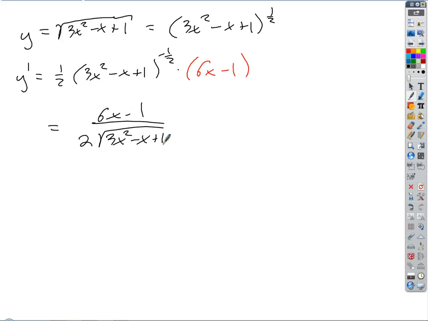Okay, what about something like this? What if I had f of x equals, here's a problem we can do right now. But now it's a pain, right? To do that derivative without the chain rule, we'd have to expand that whole thing out and differentiate term by term, right?